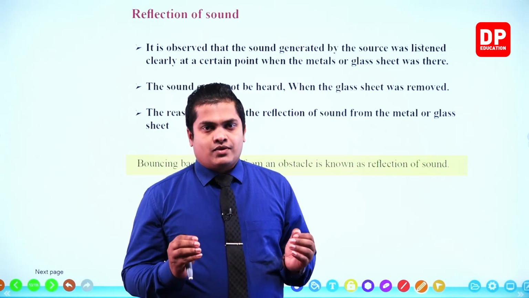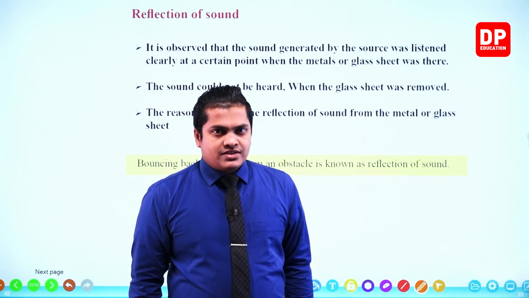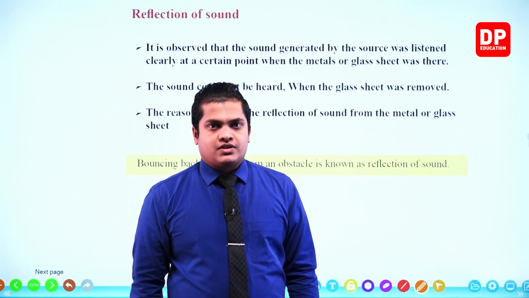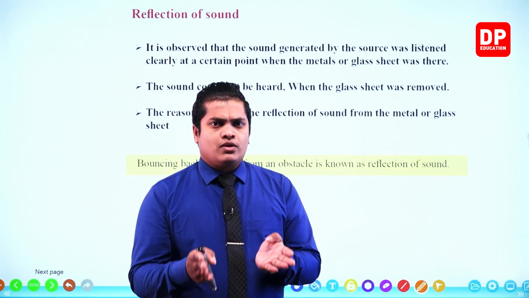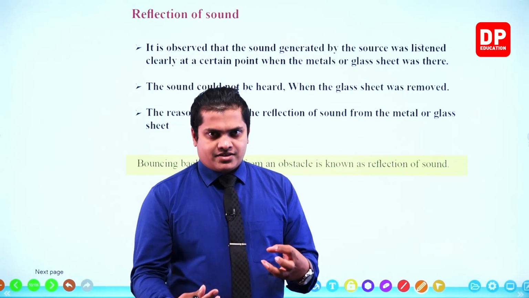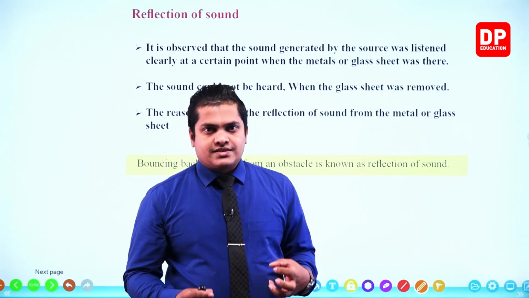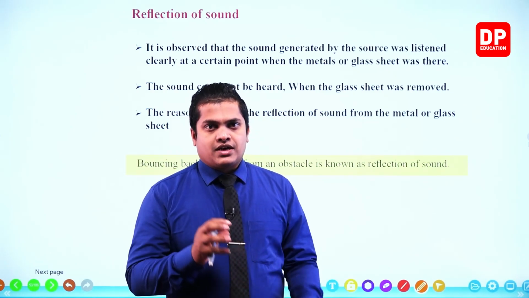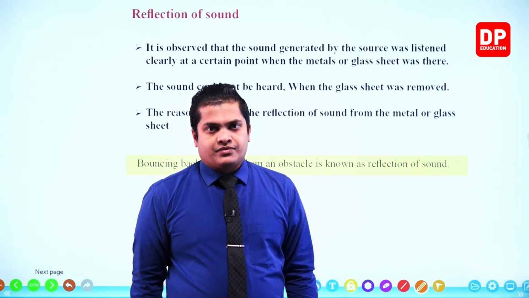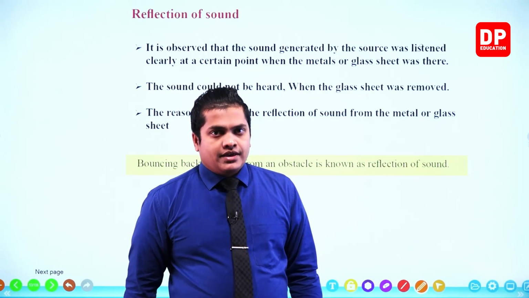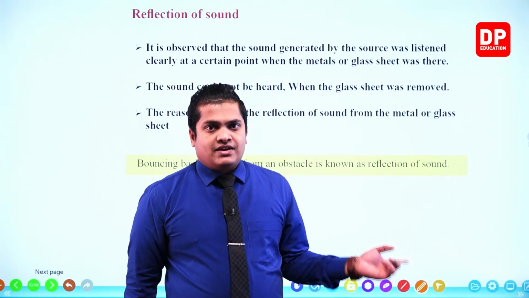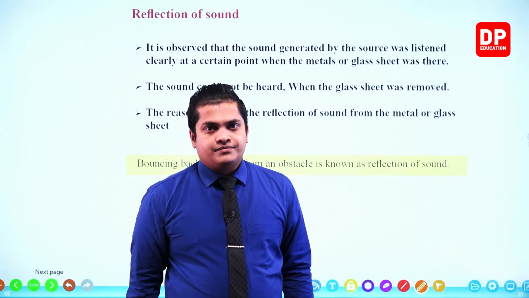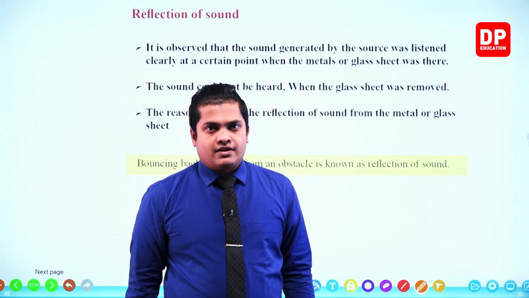So this procedure is referred to as the bouncing back, or the reflection of sound. Light and sound, both can be reflected. When these waves strike a certain object, both get reflected, my dear children. So by doing the previous activity, we have proved that sound also can be reflected.